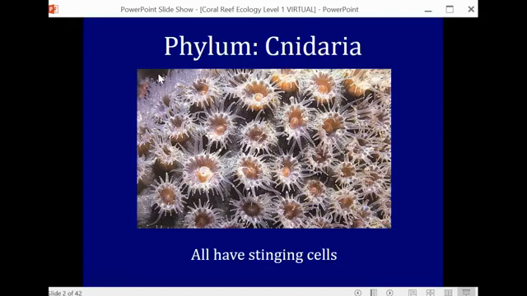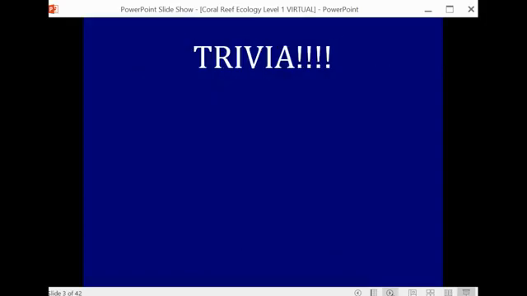Cnidarians also tend to have tentacles. You can see all these tentacles reaching out from the polyps. Cnidarians usually have a polyp and a medusa stage. Corals stay in the polyp stage. That's what you're seeing here, a whole bunch of coral polyps. They definitely all have stinging cells.